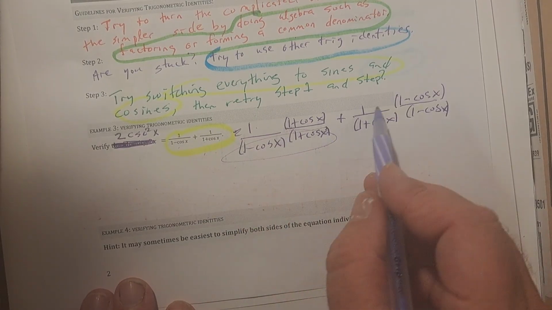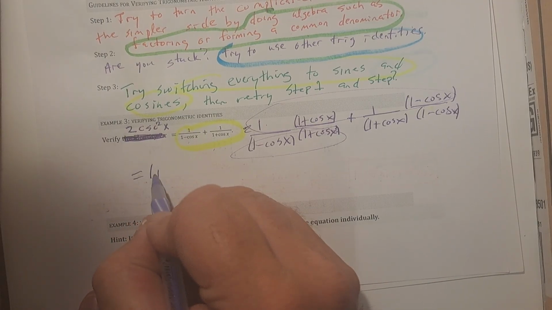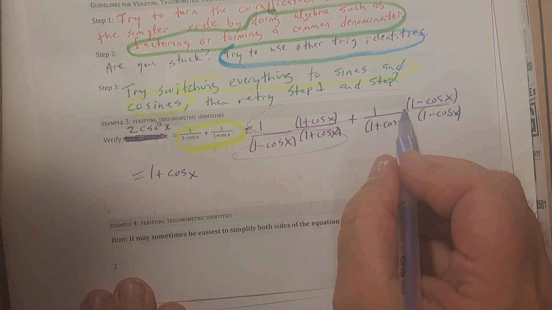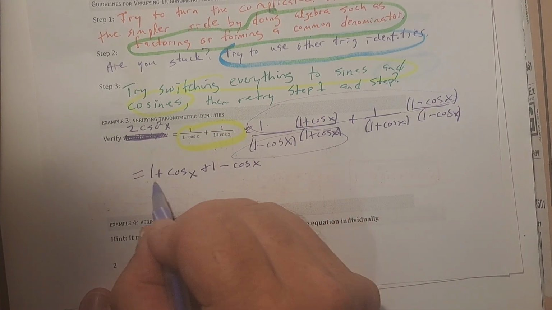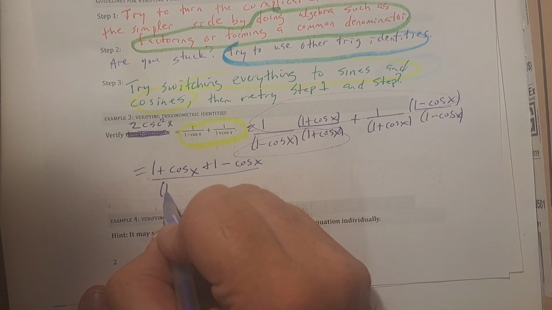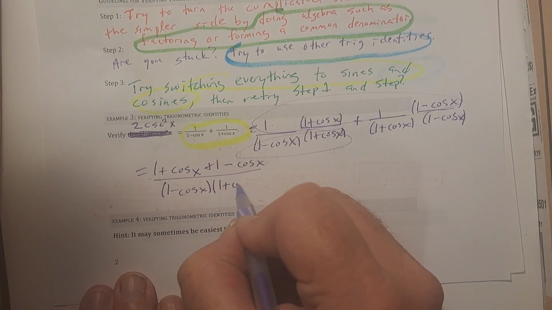There's your common denominator, so put your numerators together, and we'll get 1 plus cosine of x plus another 1 minus the cosine of x, and the bottom is going to be 1 minus cosine of x times 1 plus cosine of x.